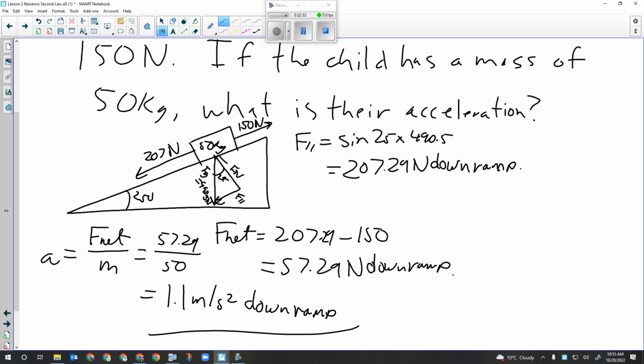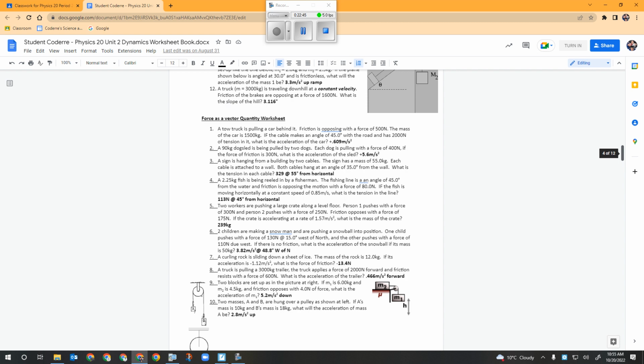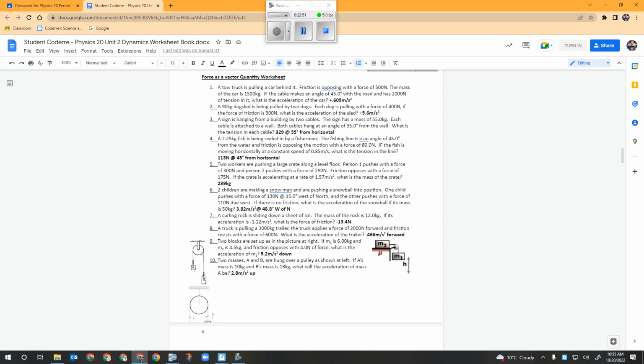All right. I want you to try a few now off of the digital workbook. We did a couple of inclined plane ones yesterday, so I want you to try some of the vector ones today. Number 6, number 10, and 11 from the forces as vector quantities worksheet.